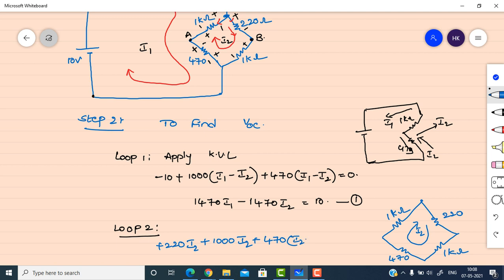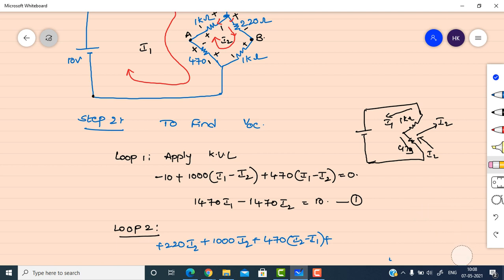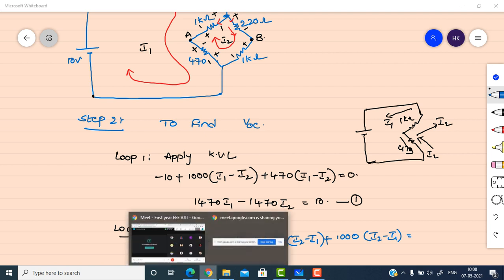So I2 minus I1 plus 1000, again I2 minus I1. So two currents are opposite direction and we are writing for the loop 2. So that's why I am taking the difference.